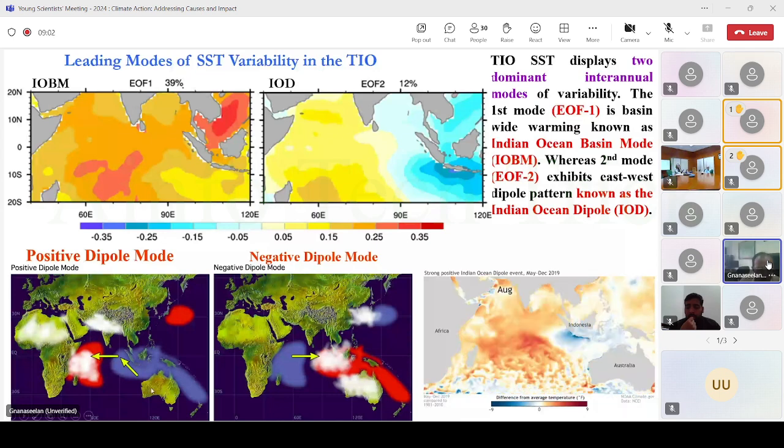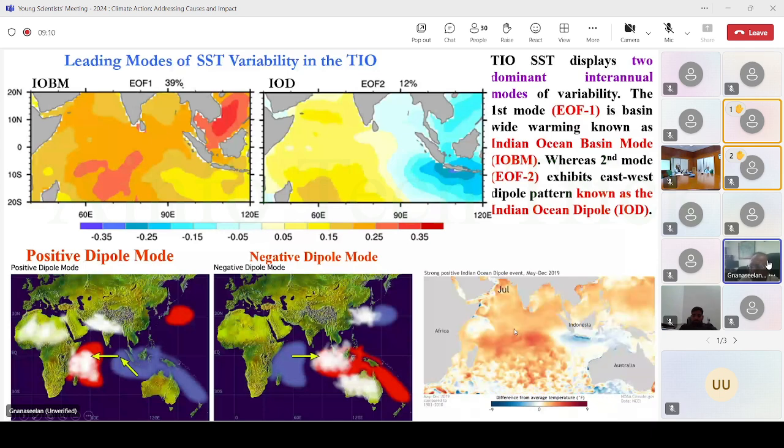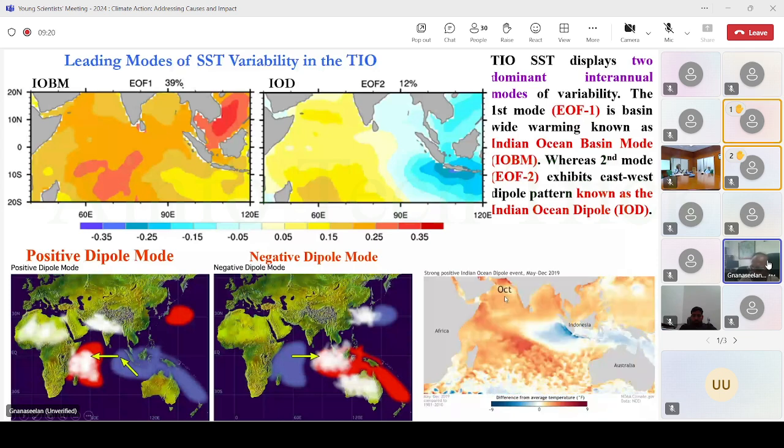Similarly, the opposite happens in the negative dipole phase, and the animation is the recent 2019 IOD event from its developing stage from June, July, August, September, October, November. This is a typical pattern of an IOD.